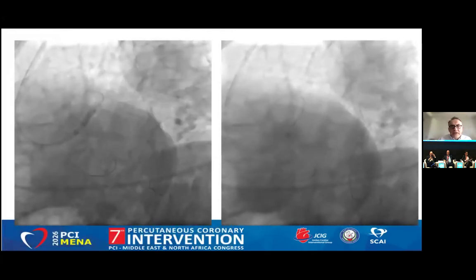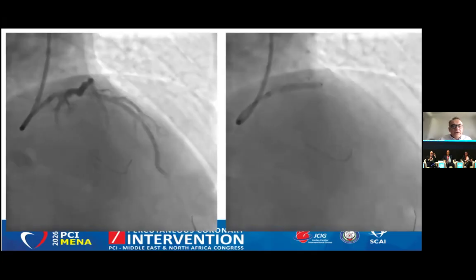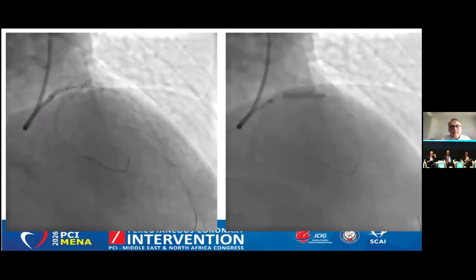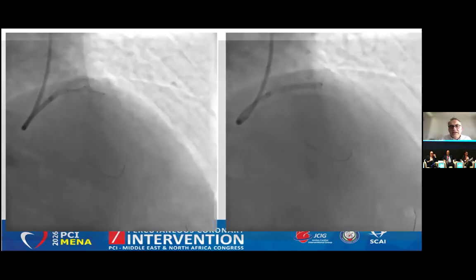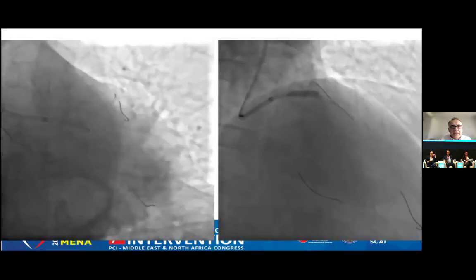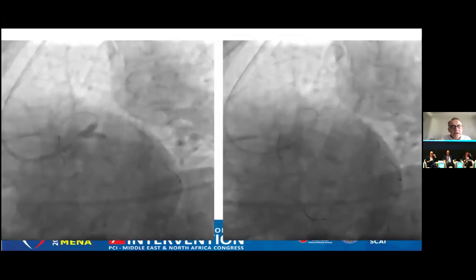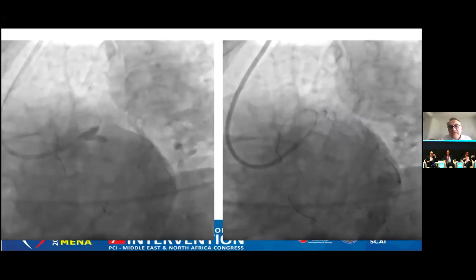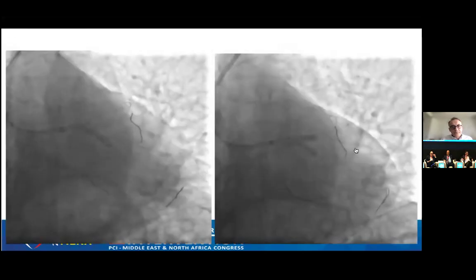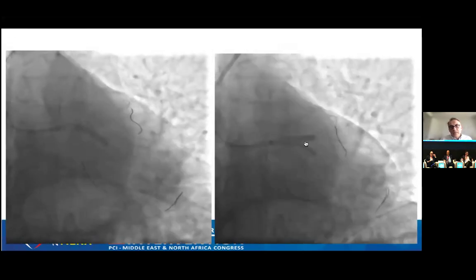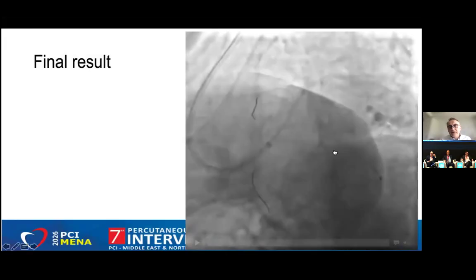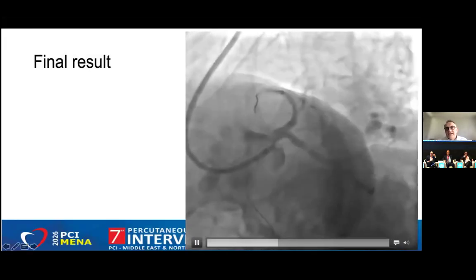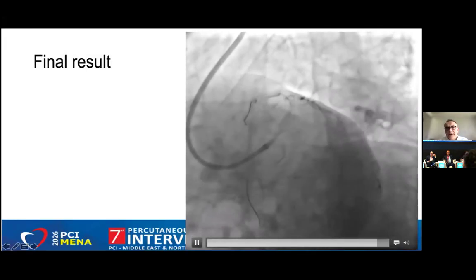So we put one stent, but of course we did preparation of the LAD first, and then predilatation and stenting. We did the stent, and then recrossed the CX, and we did KISS. But the side branch we treat with DCB. Final result was good. So LAD stent, CX was DCB.